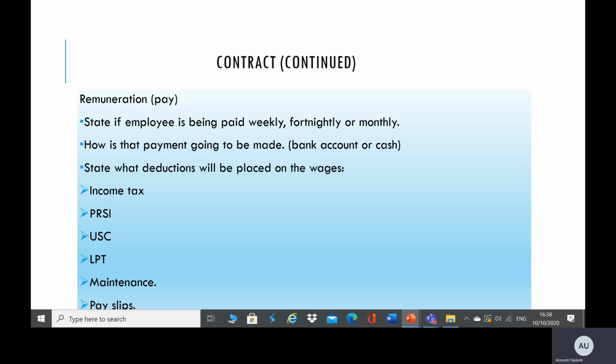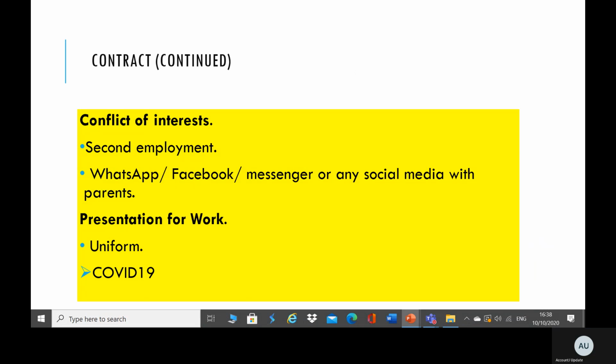And pay slips must always be included in the wages. Every employee by law has to get a wage slip. Now, there might also be in contracts conflict of interest. That would happen in the case of a second employment.